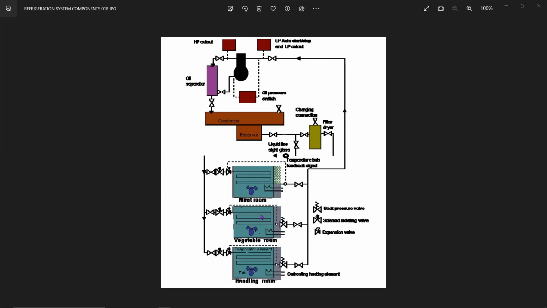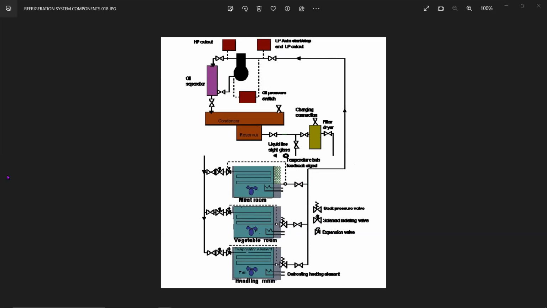Similarly, in the veg room, some people say that freezing can occur. That will occur at a later time. The main idea is to prevent the change in pressure over here.